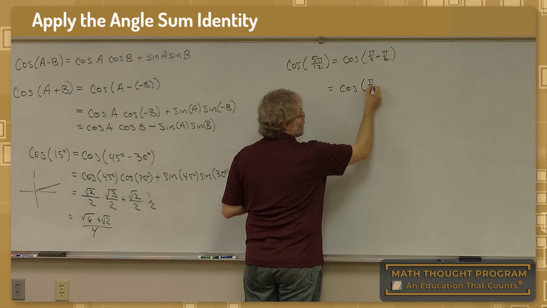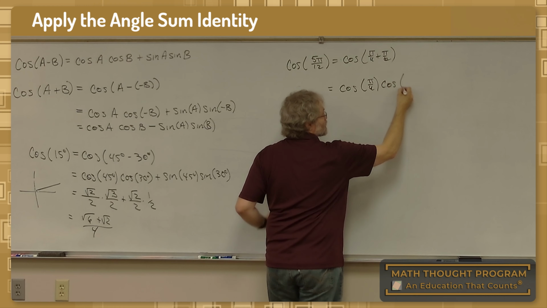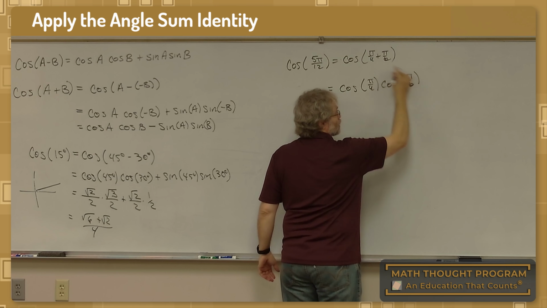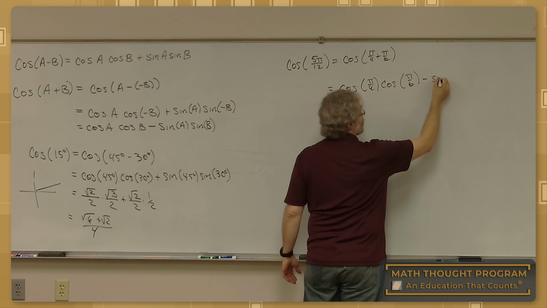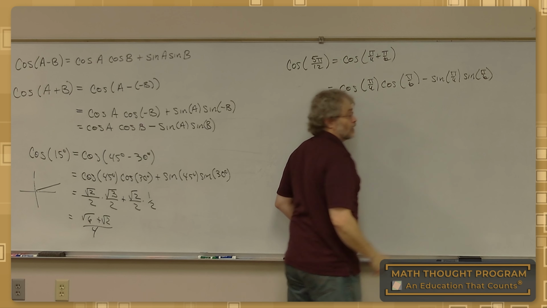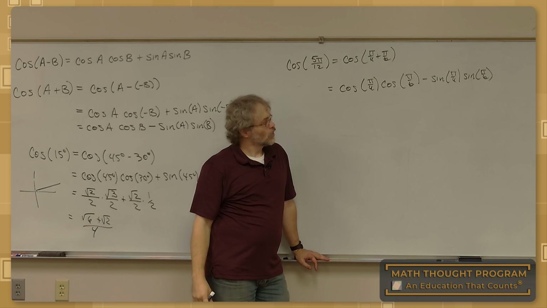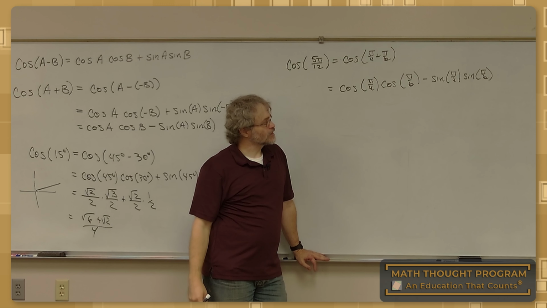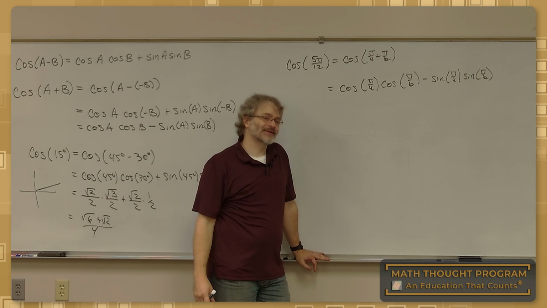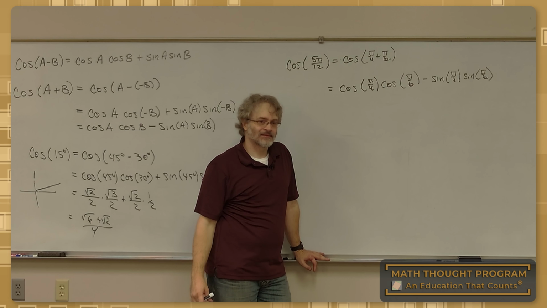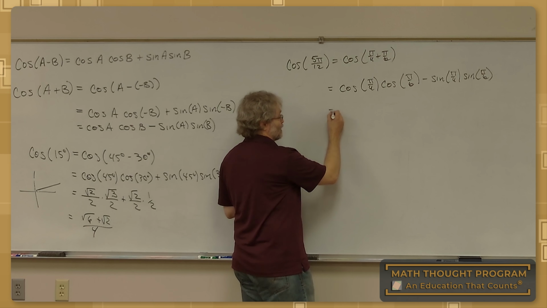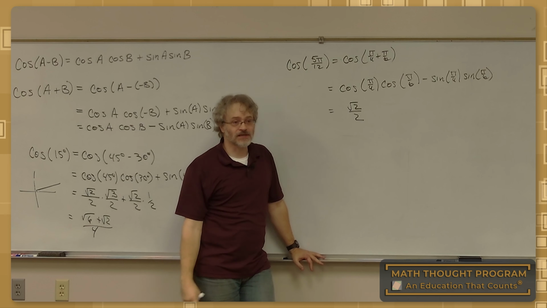Cosine pi over 4, cosine pi over 6. Flip the sign, and have sine pi over 4 and pi over 6. What was cosine pi over 4 again? Root 2 over 2. What about cosine pi over 6?